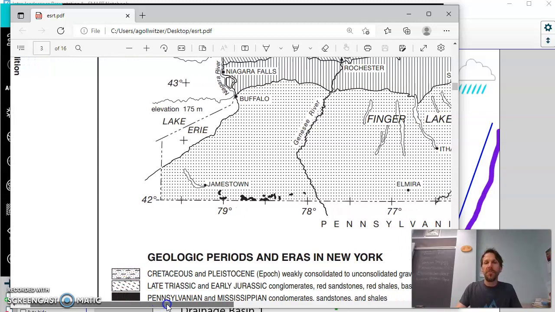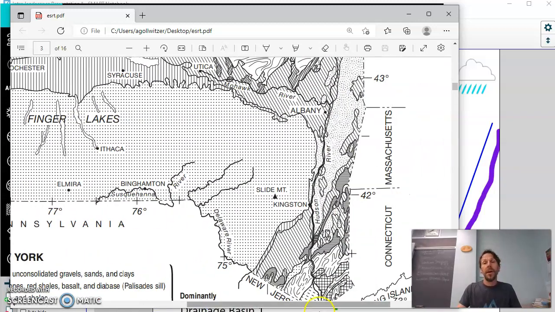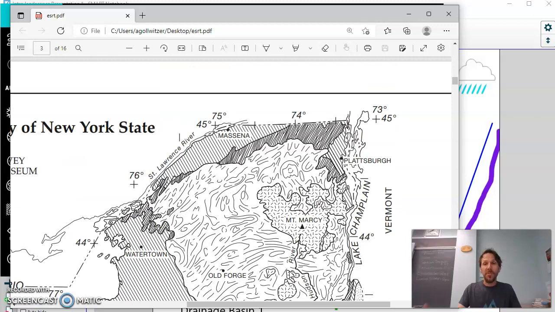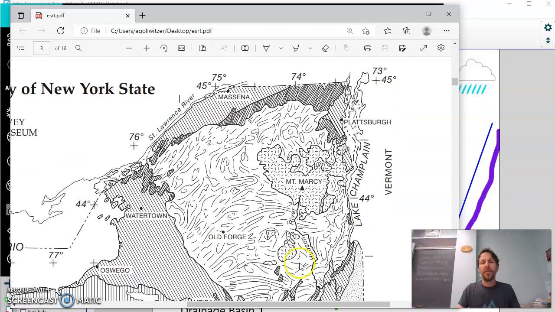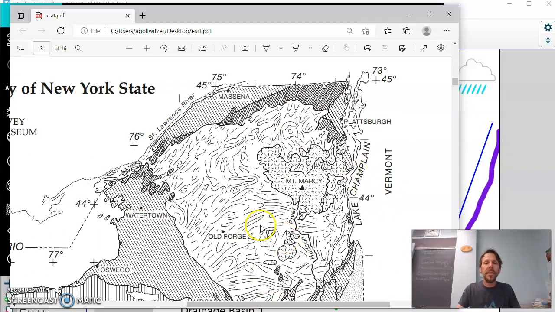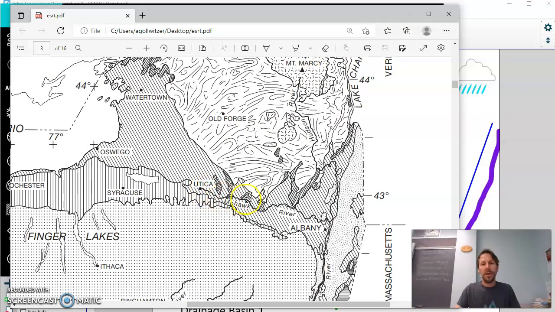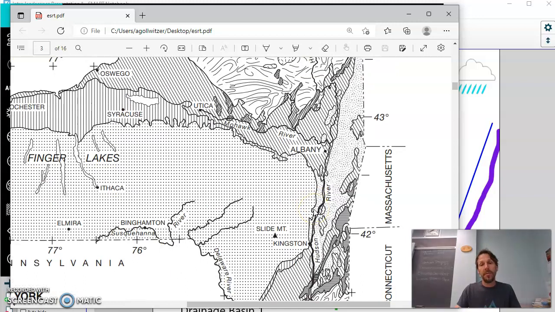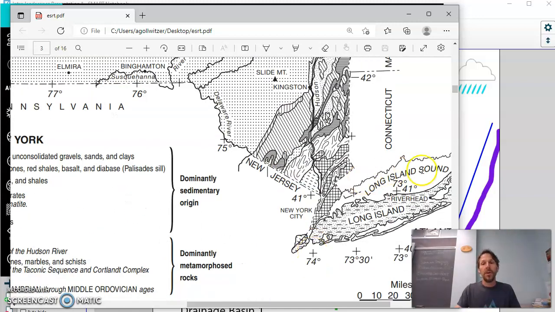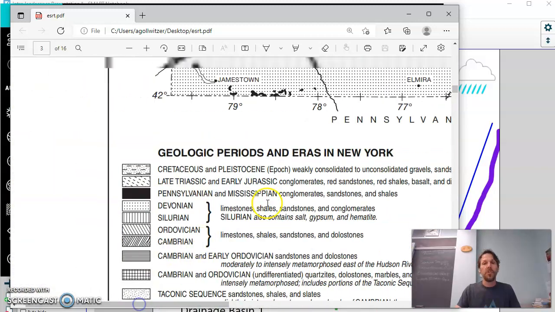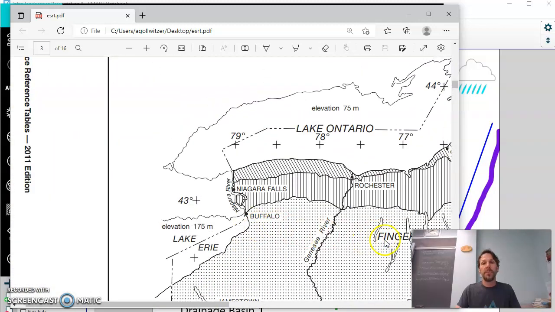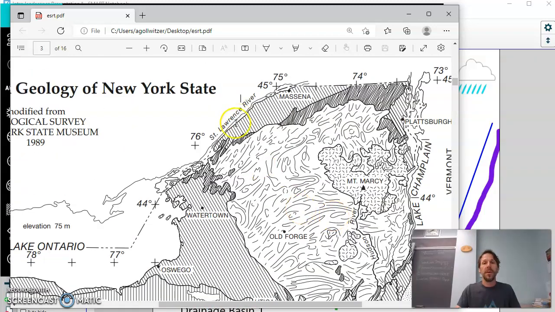It's one of the first pages I showed you guys this year, and one of my favorite pages is the reference table, just because there's so much packed in here, so much good information, like locations of cities, bedrock, latitude, longitude, coordinates. But also, if you look, the Mohawk River, I didn't even list that one. That's a big one. The Hudson River's here. You can see the Long Island Sound. Here's the Atlantic Ocean down here. Of course, we have our lakes. There's Chautauqua Lake. Here's the Finger Lakes, Lake Ontario, Lake Erie. The St. Lawrence River is up here. So all of these bodies of water are contained on this page.